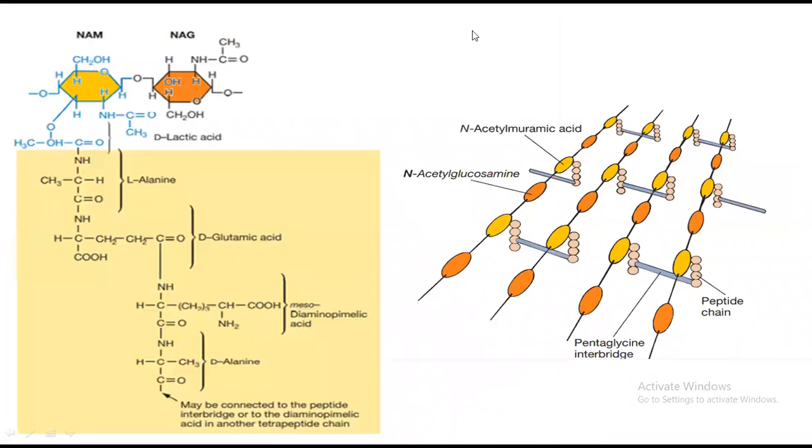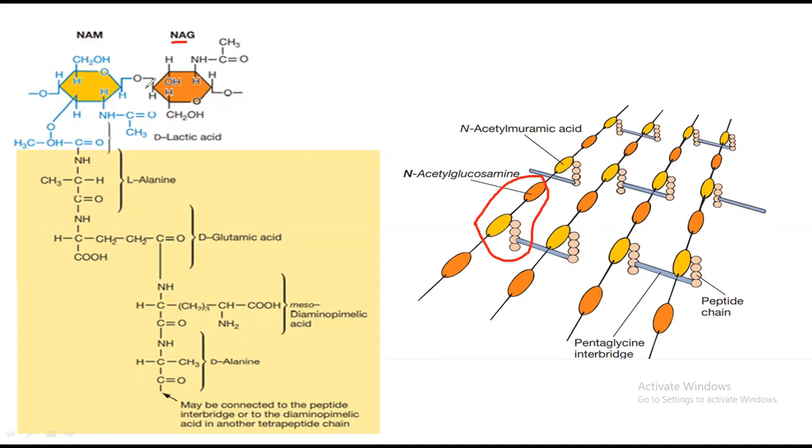Just look here, this is the molecular level of the peptidoglycan single unit. If we take a single unit of this, this orange color is the N-acetyl glucosamine, and it is a glucose molecule, but it is conjugated with different other functional groups, so that's why it is known as N-acetyl glucosamine.